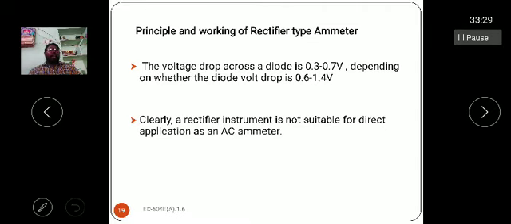For germanium we get a voltage drop of 0.6 to 1.4 volts, and for silicon 0.3 to 0.7 volts. Based on this arrangement of rectifier type voltmeters and ammeters, we observe that a rectifier instrument is not suitable for direct application as an AC ammeter.